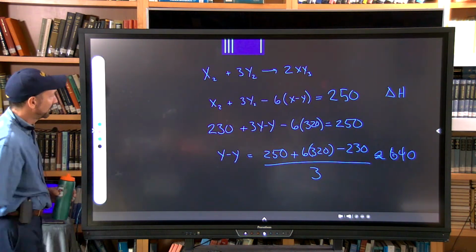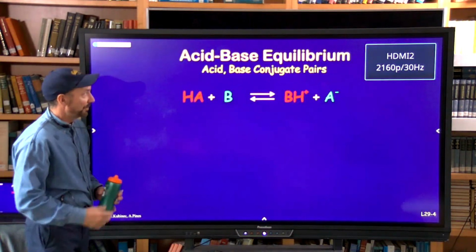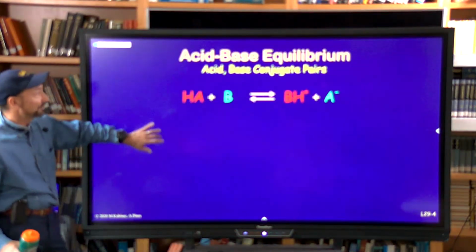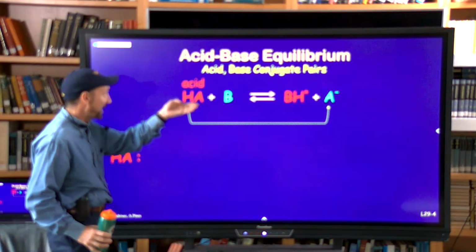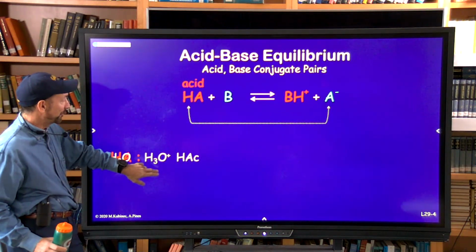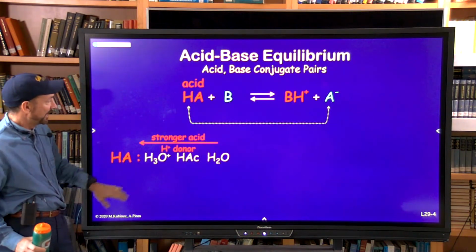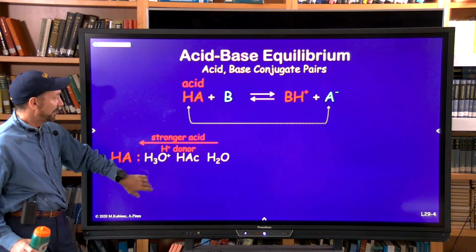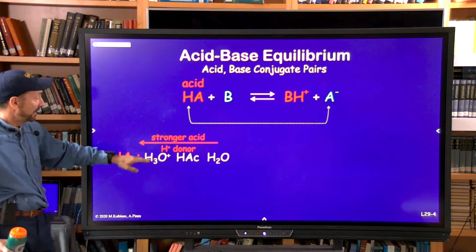So we'll go back and continue with what we were talking about. Very quick review of the end of yesterday. We talked about acid-base conjugate pairs. Something that acts like an acid is a proton donor. We talked about various proton donors, acids. So HA could be any one of those. The stronger ones, with the larger K for this reaction, are here.